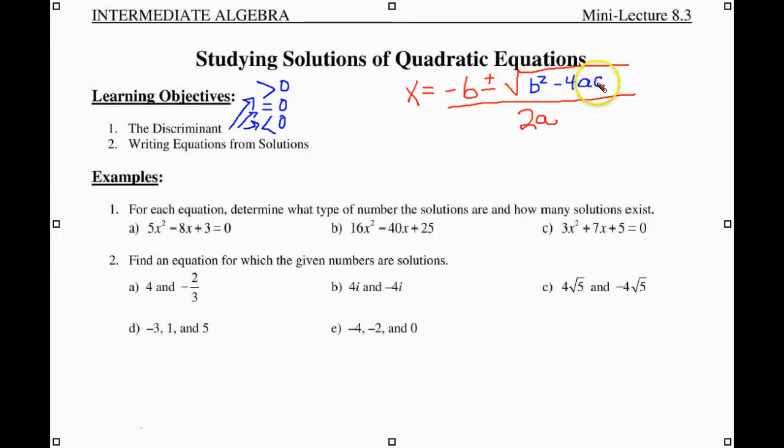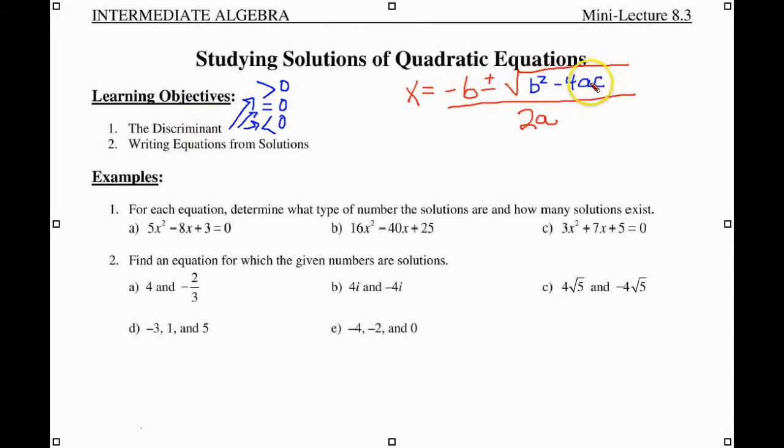This has a unique property to tell you things about the quadratic equation. Now, what I have in blue there, what is under the radical sign, is called the discriminant.